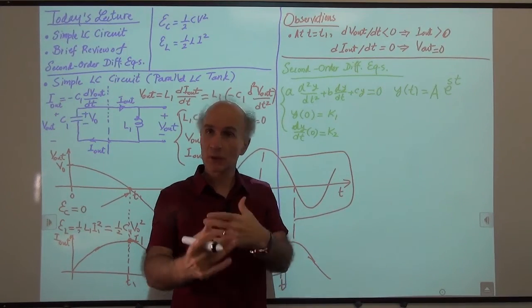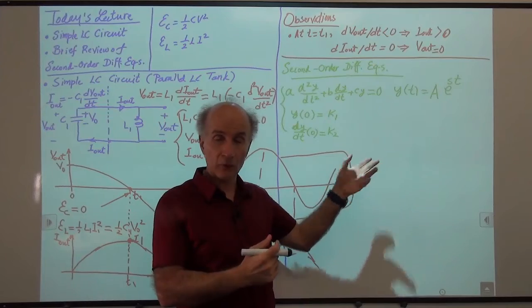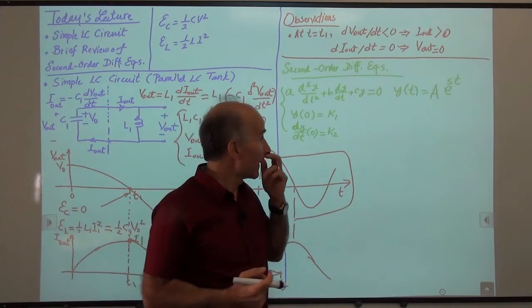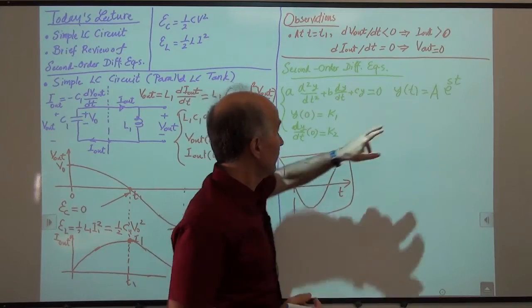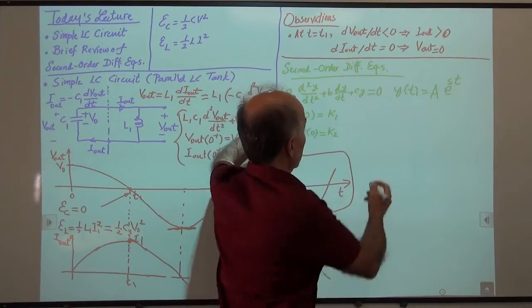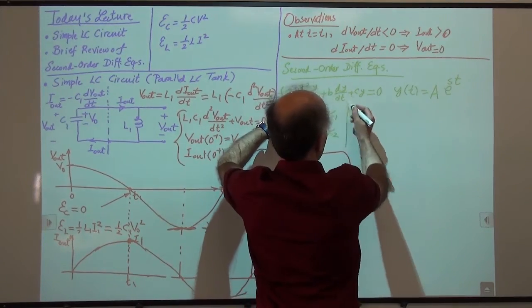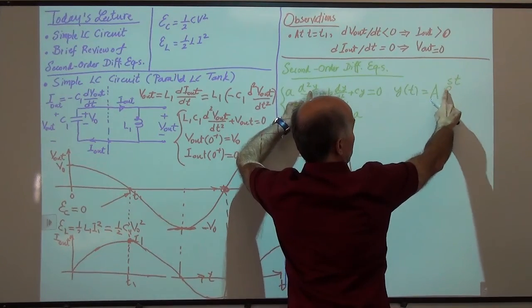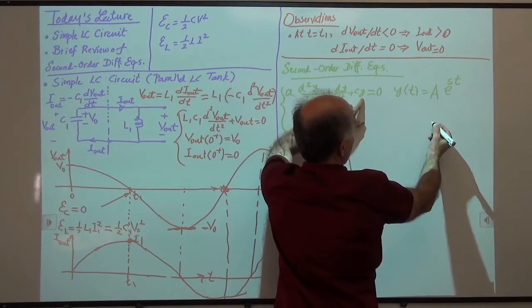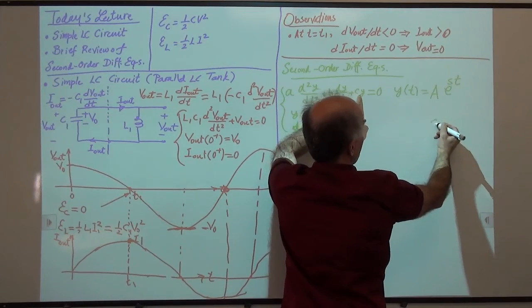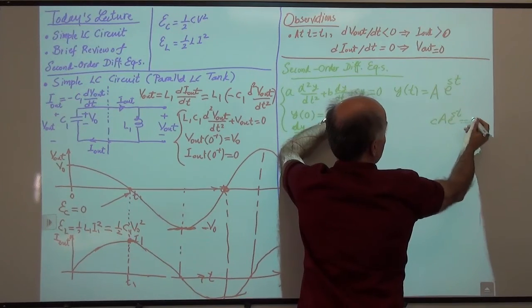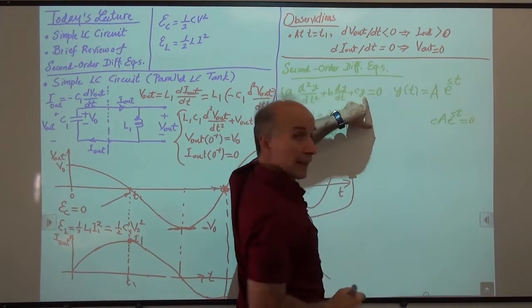All right? Okay, so that's what you learn in differential equations, how to go about solving a linear differential equation like this. Okay, so let's go ahead and do that. So if I plug this in here, what do I get? I get a, the second derivative of this. Let's actually write it from this side. So I have c a e to the st. So that's cy.